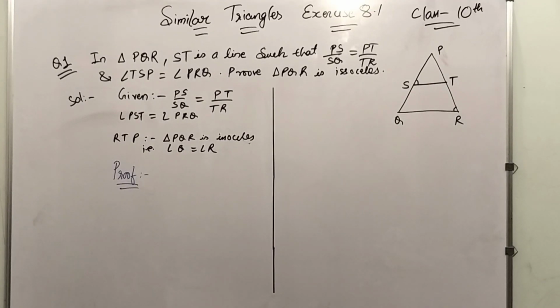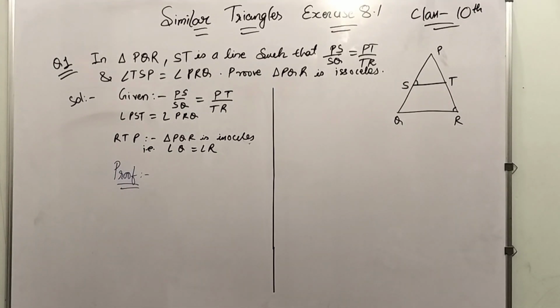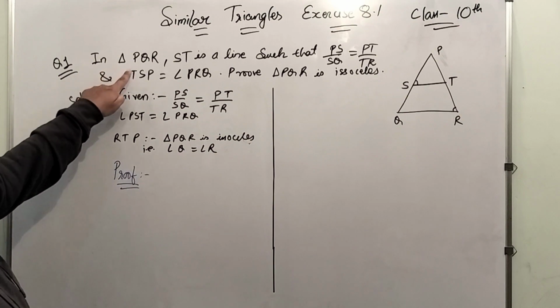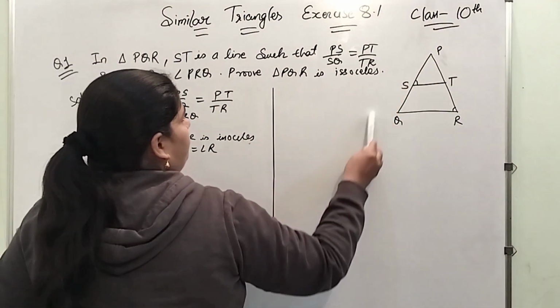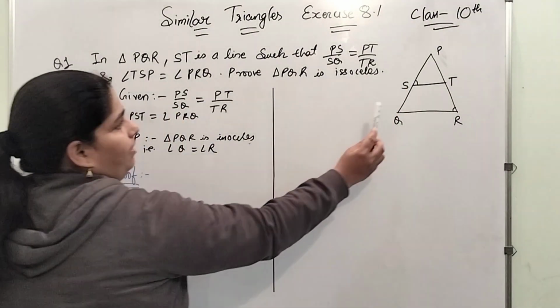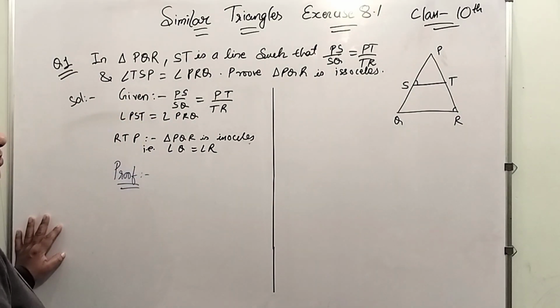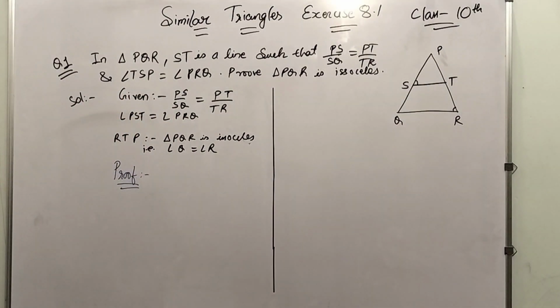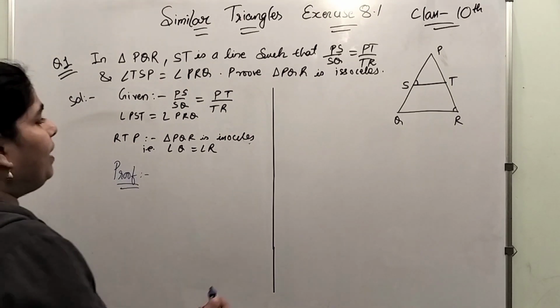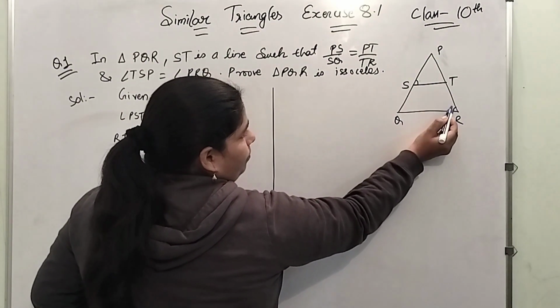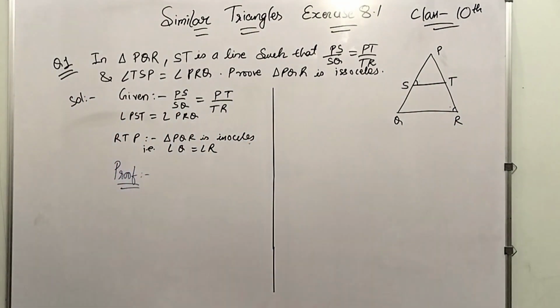So the first question from exercise 8.1, Similar Triangles, class 10th. The question states that in triangle PQR, ST is a line such that PS by SQ is equal to PT by TR, and we have angle PST is equal to angle PQR, and we have to prove that triangle PQR is isosceles.